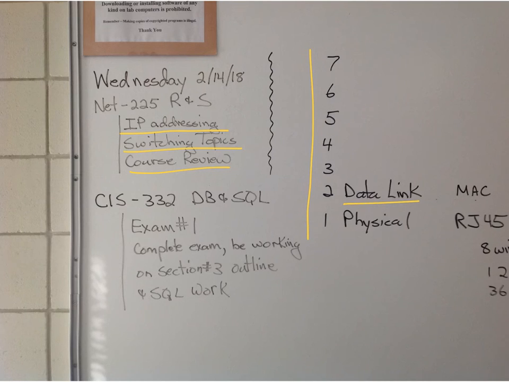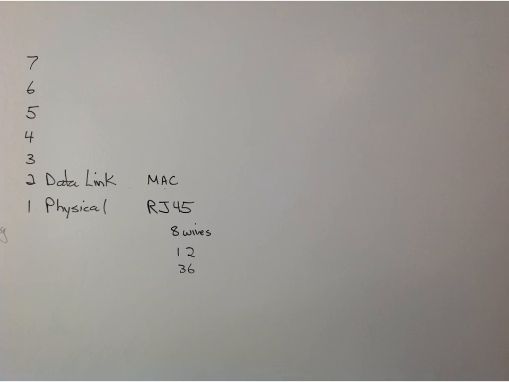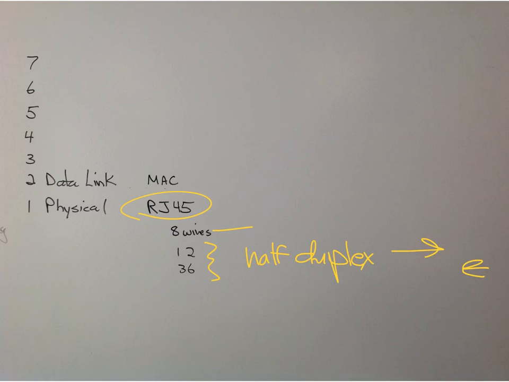So we talked a lot about the data link layer and MAC addresses, physical layer, for example, RJ45. 8 wires, 1, 2, 3, and 6. Transmit and receive. You know, we can have half duplex, where we're either just sending or we're receiving, one or the other.